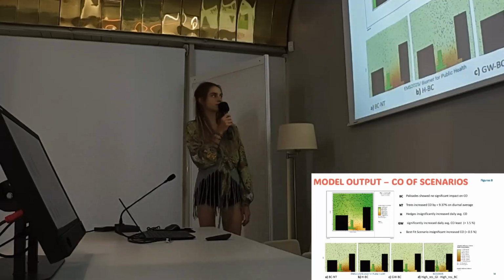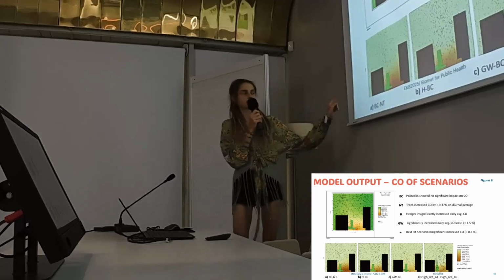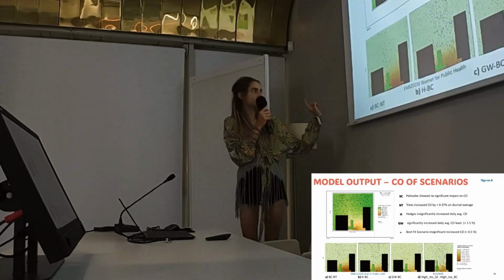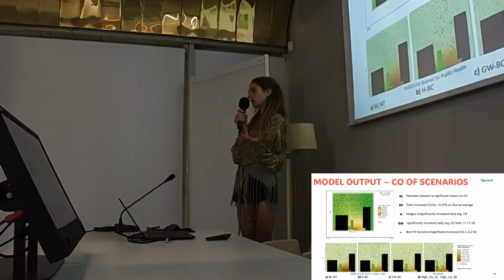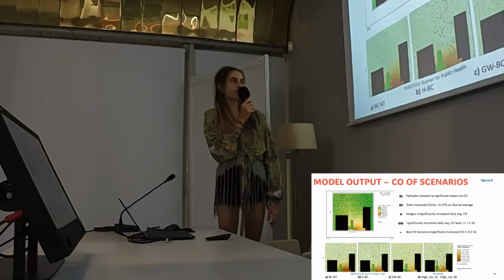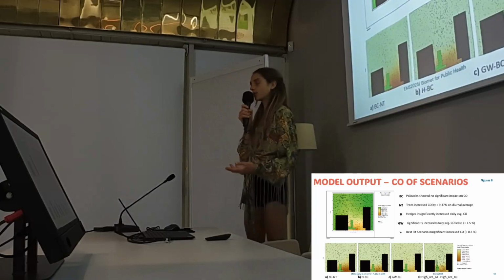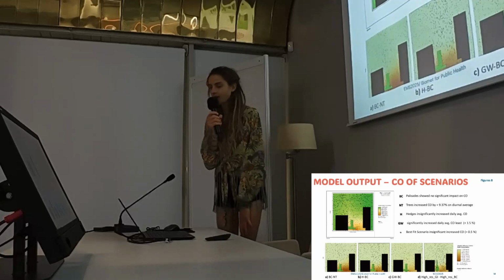They reduced the ventilation so much. Worst were the trees because they had the most blocking effect on ventilation, followed by hedges, and green walls, at least in that part, had the least increase, but still increased carbon monoxide pollution levels.